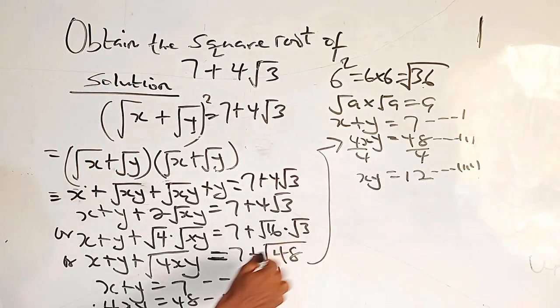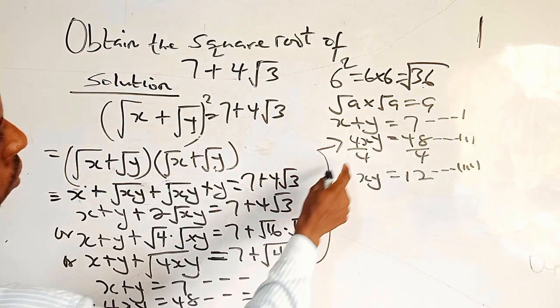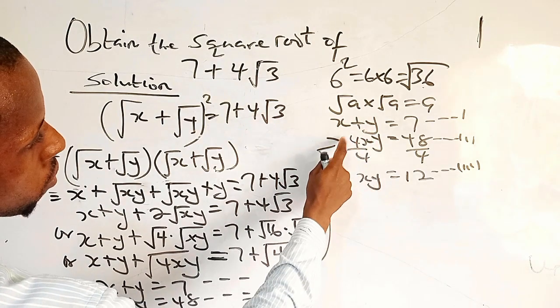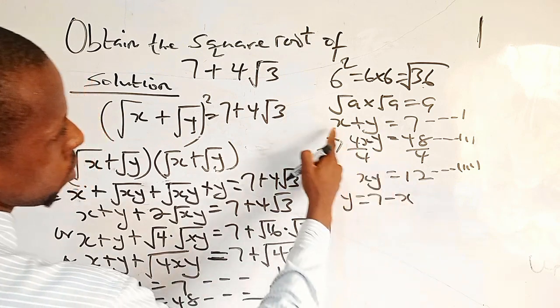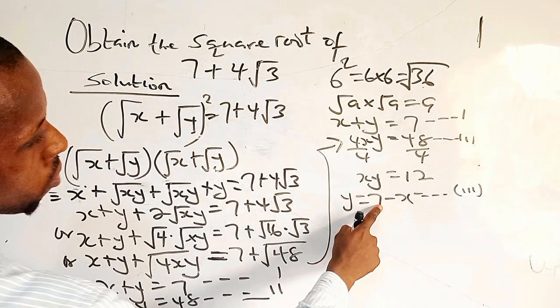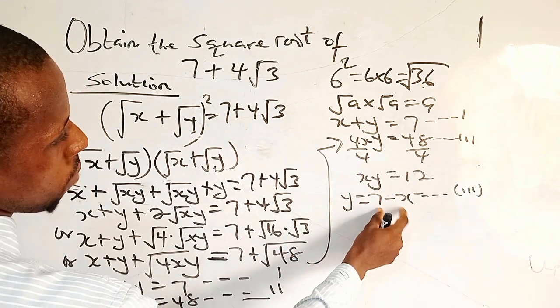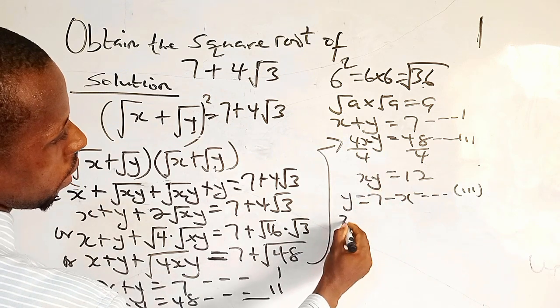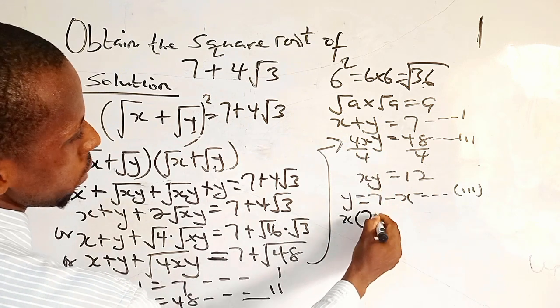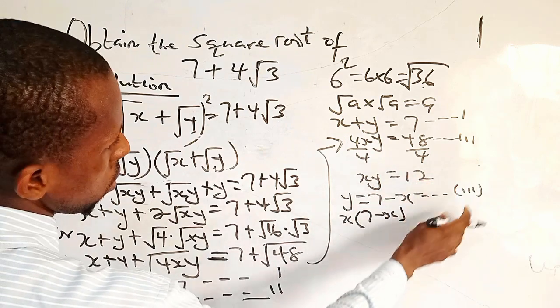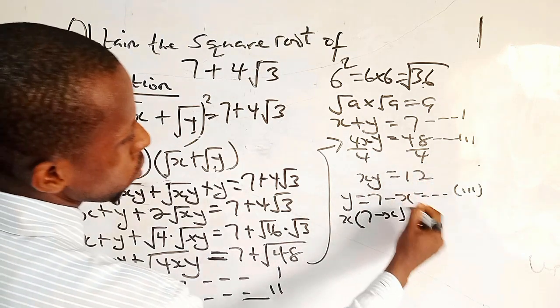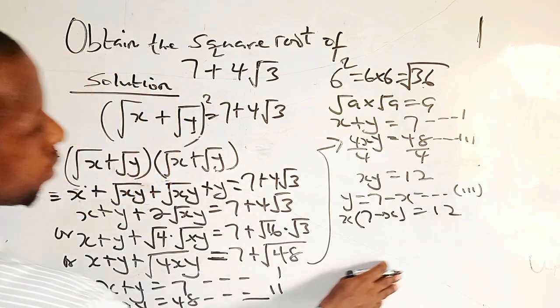Using the substitution method, I can solve this simultaneously and say y equals 7 minus x. I substitute this back in equation 3, so x times (7 minus x) equals 12.